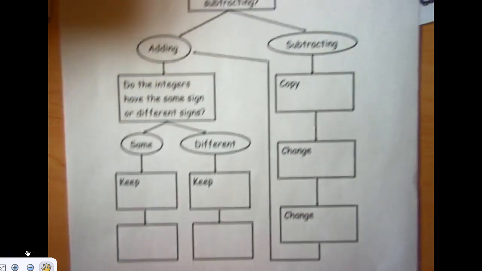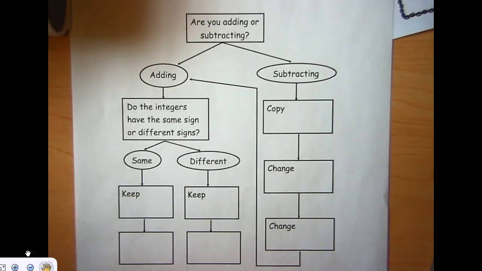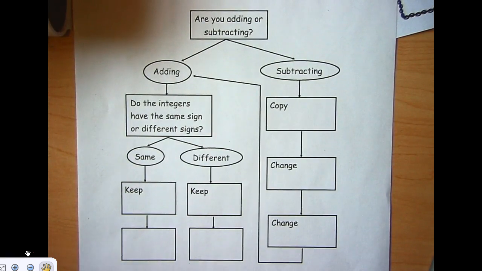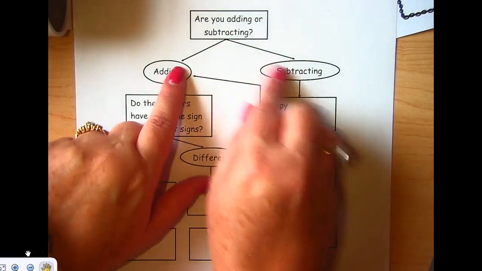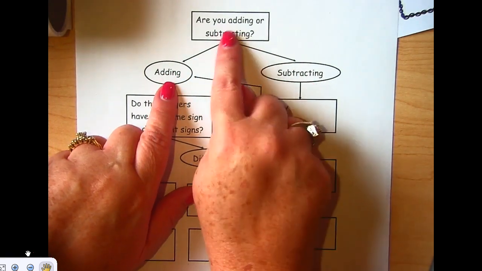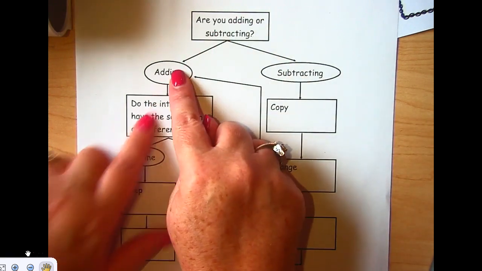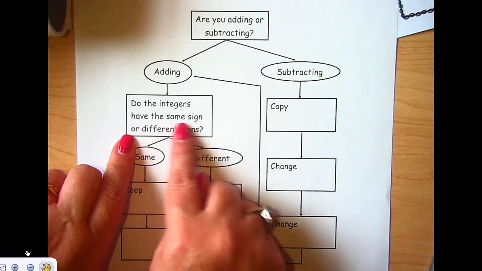All right, so we're working with integers, right? You come to a problem. You don't remember what to do. Start here up at the top. You all know how to use a flow chart? Okay, so start up here at the top. Are you adding or subtracting? Well, if you're adding, you're going to follow this side. You're going to come this way. And then you're going to get here. Do the integers have the same signs or different signs?